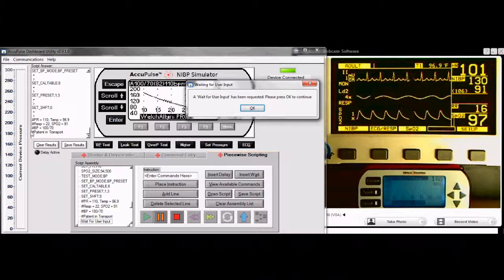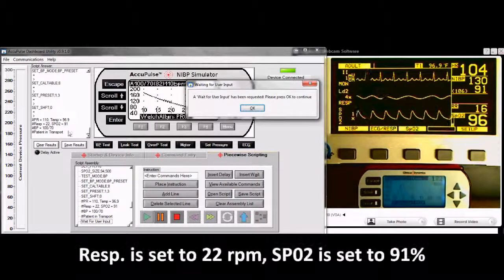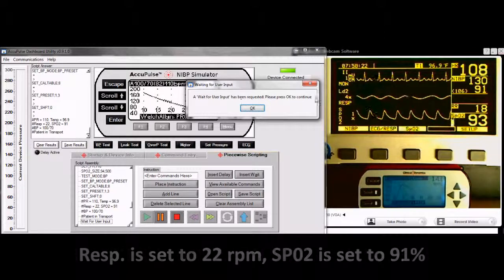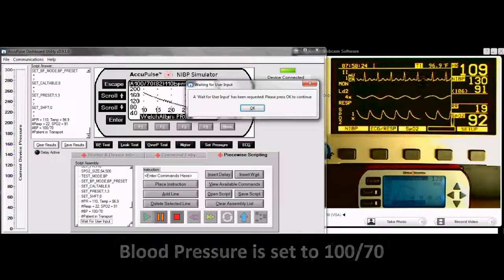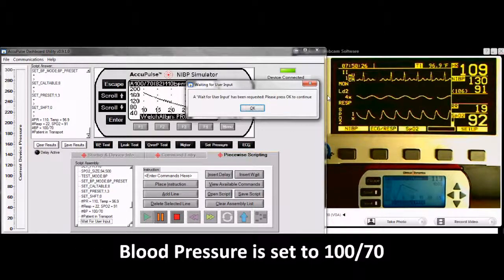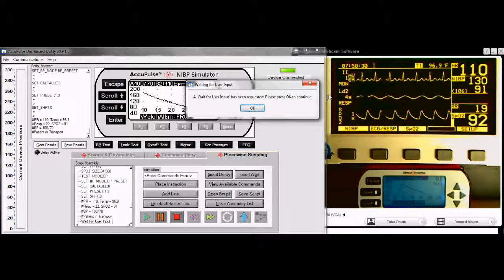Repeat non-invasive blood pressure measurements may be cycled either manually or automatically. Cycling of the blood pressure will drop to 100/70 millimeters of mercury.